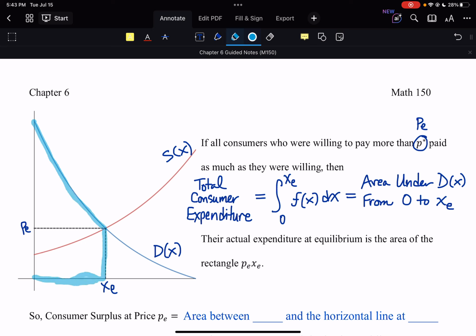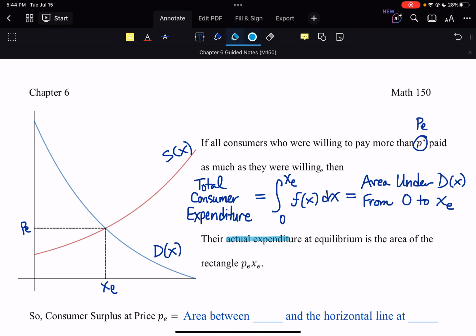So everything in here would be the total consumer expenditure. This is all the money that people are spending up to equilibrium and what they would be willing to spend beyond equilibrium. That's everything. So that would be the total consumer expenditure.